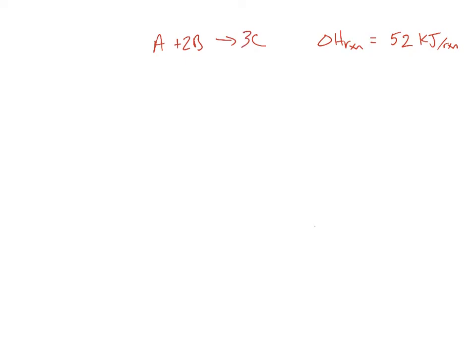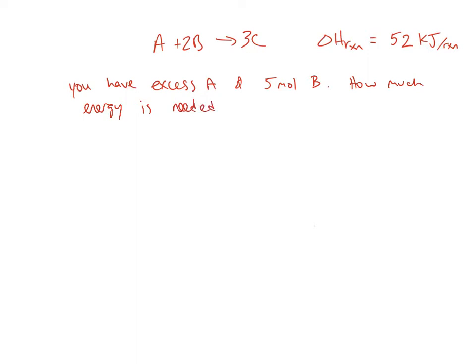What if my question was, you have excess A and 5 moles of B. How much energy is needed for this reaction? I say needed because I see that it is an endothermic reaction, so I know that energy is going to be going into it.